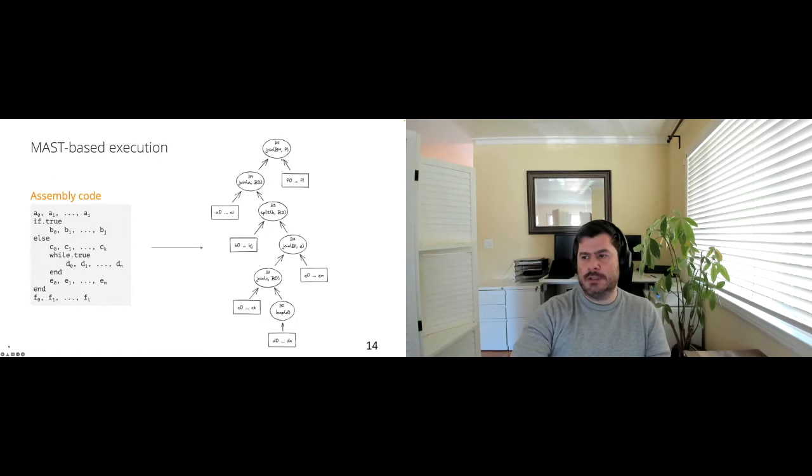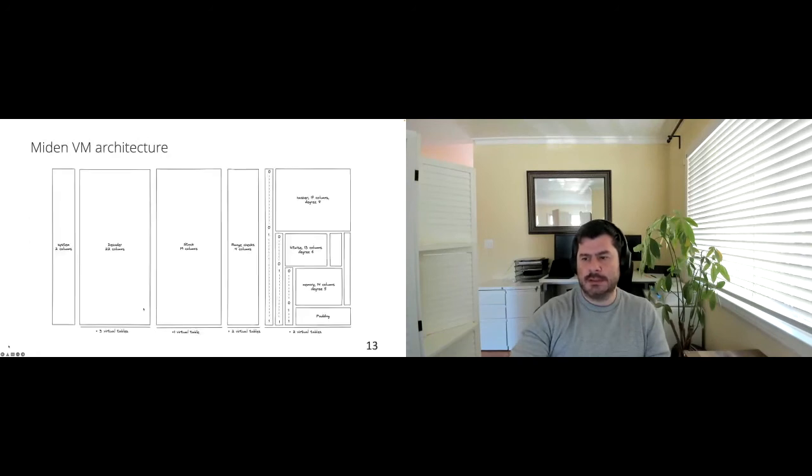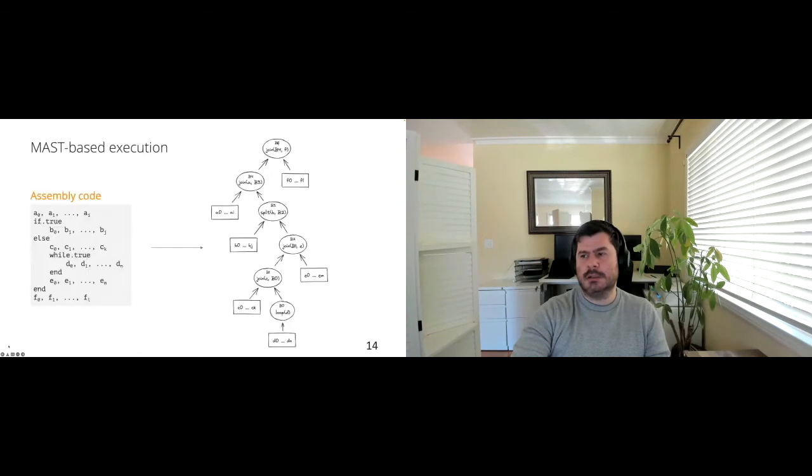And then as you execute it, as I mentioned, the decoder, you will notice that a fairly large part of the trace is devoted to the decoder. It actually builds this abstract syntax tree as the program gets executed. For example, it starts at the top and figures out that this is a join block, so it needs to start executing the left branch. This is another join block, so it starts executing this.